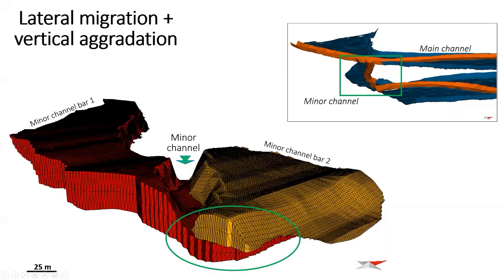And you can see here that this mechanism of lateral migration and vertical aggradation allows for the preservation of bar deposits that were previously deposited during channel evolution. So bar deposits from bar 1, because these deposits would have been eroded without the vertical movement during the accretion of bar 2.